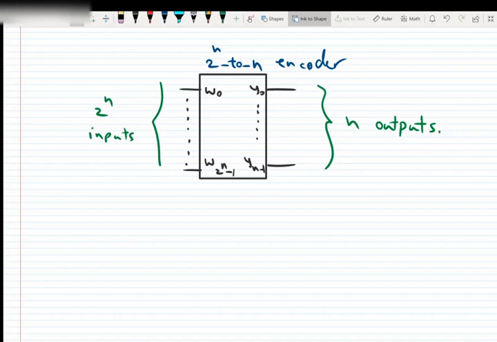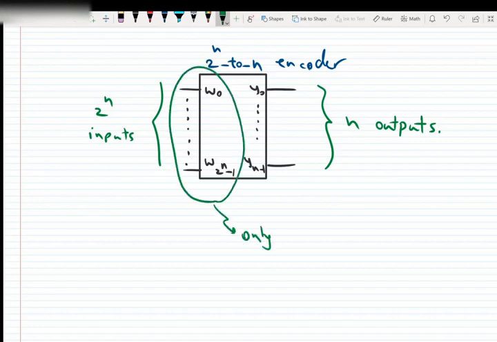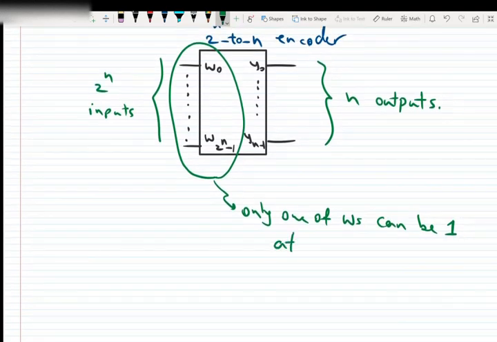Based on which one of these inputs is equal to 1, we will have a number on the output. By the way, at any moment only one of these inputs can be on. Only one of the W's can be 1 at any moment, so we cannot have two W's turned on at the same time.